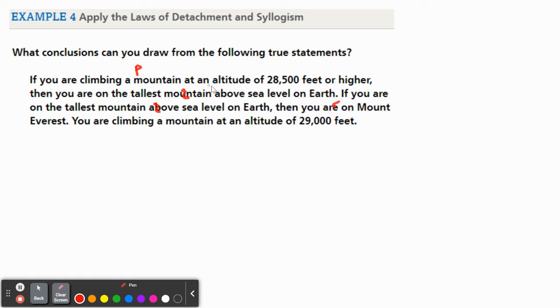So we're going to cross off the Q's. We're not going to talk about the fact that this is the tallest mountain above sea level.